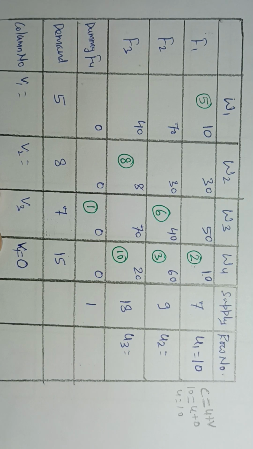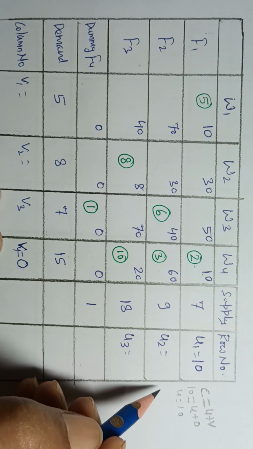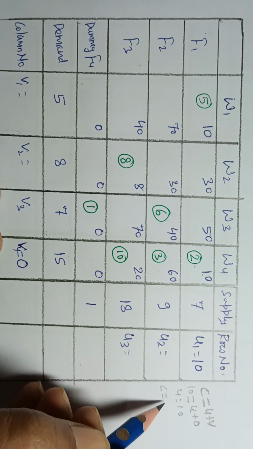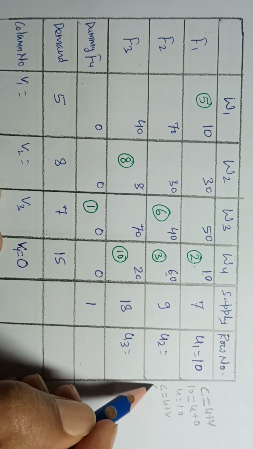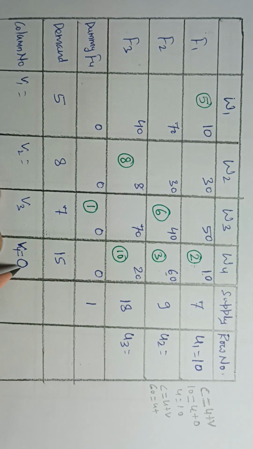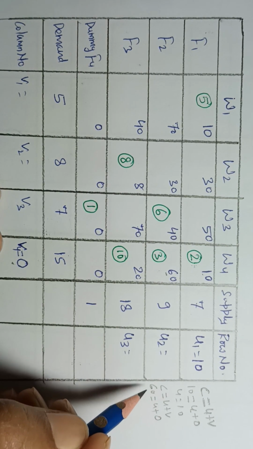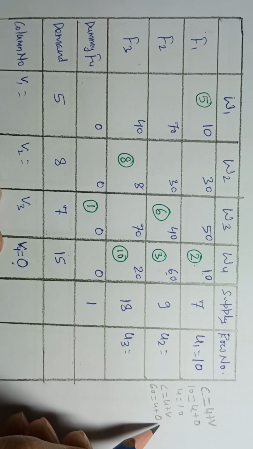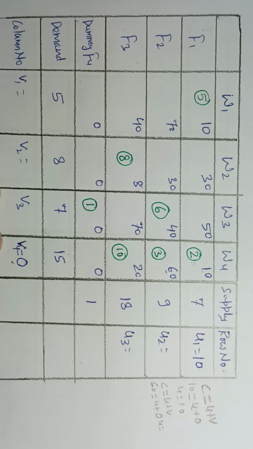Like this I will calculate for the other rows. As we know that C equals U plus V, here the value of C is 60. So I'll take 60 equal to U, which we have to calculate, and we know the value of V is 0. So the value of U will be 60.